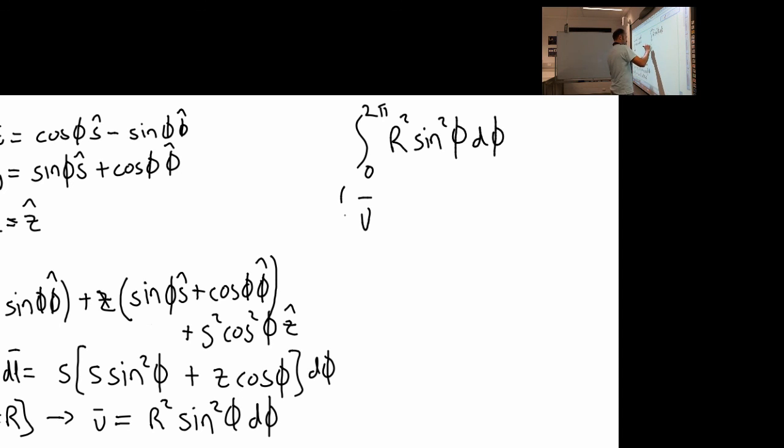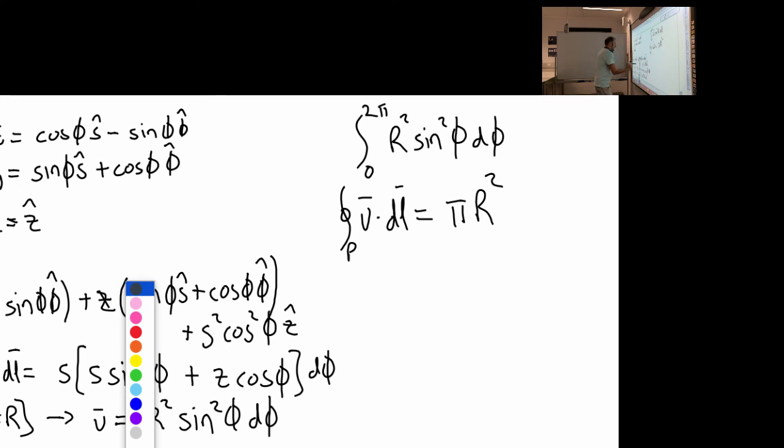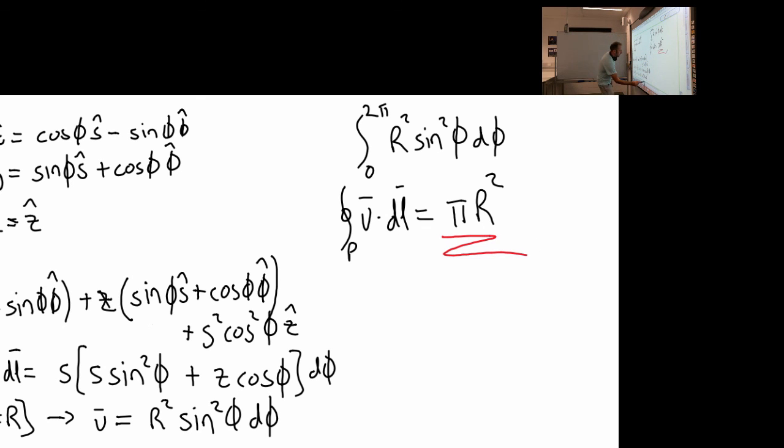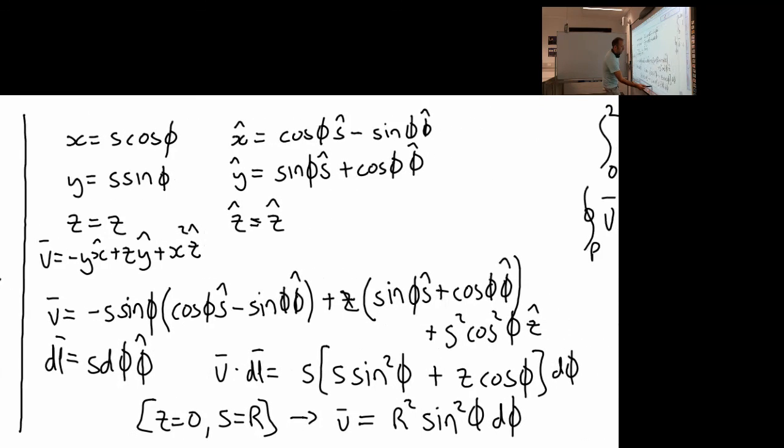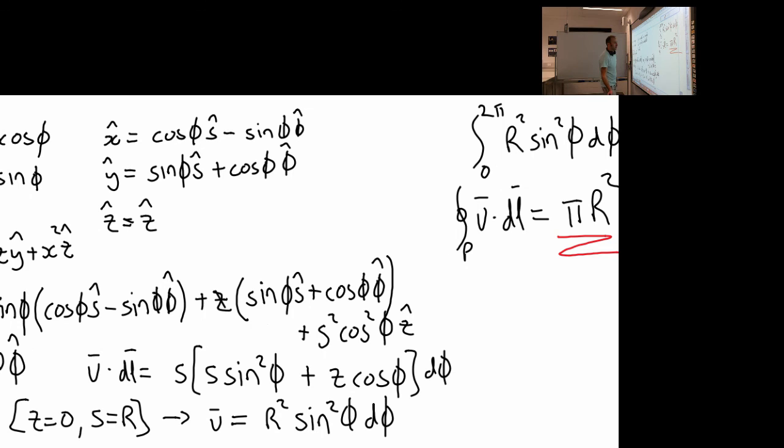So V dot dl on our closed path is going to be equal to r squared times the integral of sine squared phi between 0 and 2 pi, which is equal to pi, so we have pi r squared. Okay, so this is the final answer that we get for this side. And what we see is that Stokes' theorem holds because we also got a pi r squared over here. Okay, so I hope that helps with demonstrating how to convert from Cartesian coordinates to cylindrical coordinates.